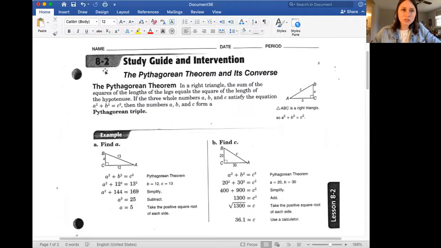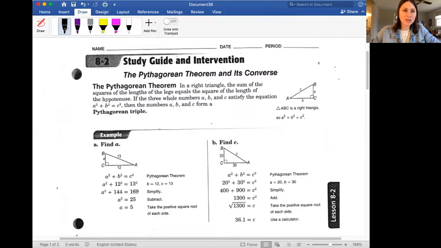So the Pythagorean theorem is basically just an interesting phenomenon that we see related to the legs of a right triangle.